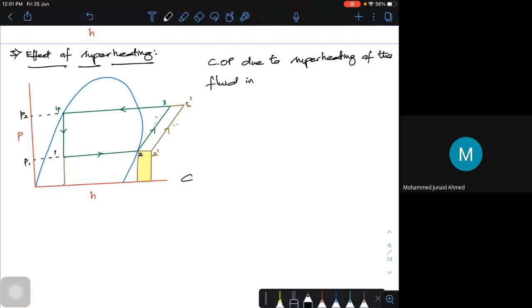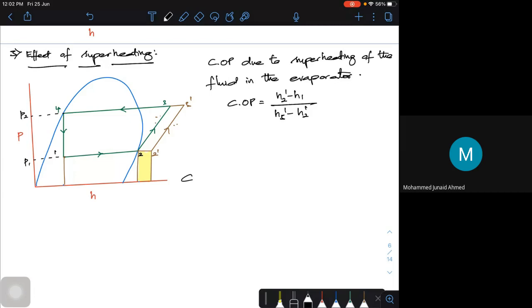What is it actually? COP is equal to heat absorbed, H2 dash minus H1, divided by H3 dash minus H2 dash.